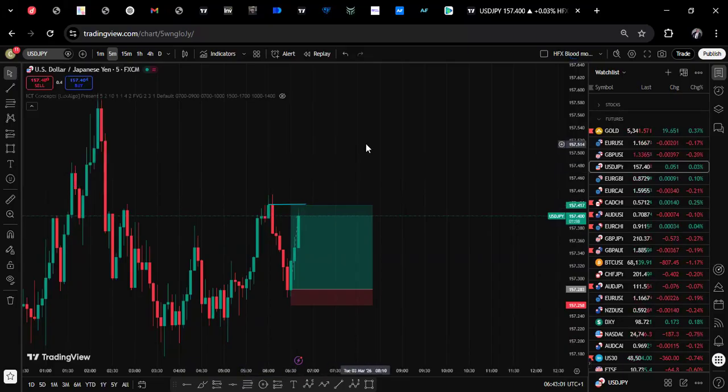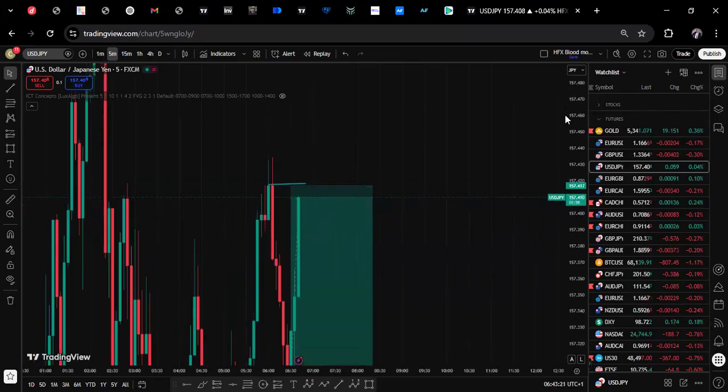In fact, let's check it. Let me check mine right now. USDJPY, 5 minute chart. I'm just doing exactly what I told you now. The price I have on mine is 157,413.